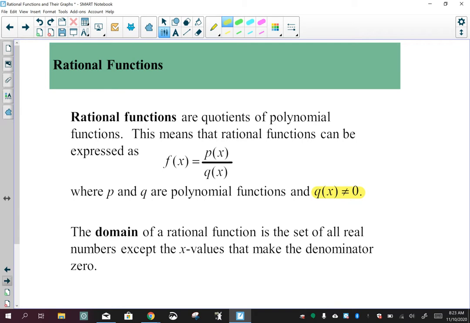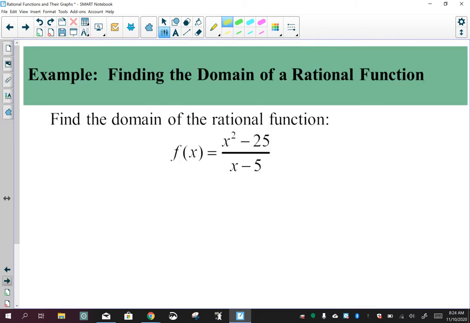So let's take a look at this. We're going to find the domain of the rational function. So we're only looking at domain, and since we're only looking at domain, we're going to look at this bottom value here. I want to know, in this case x minus 5, where does that equal 0?